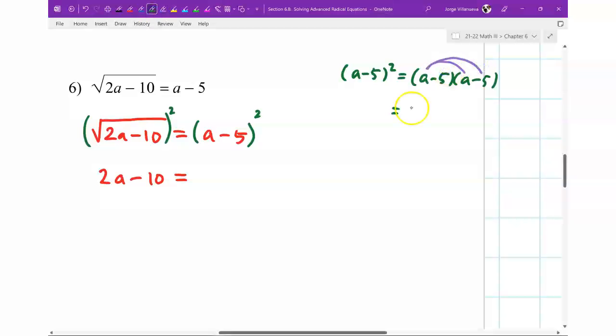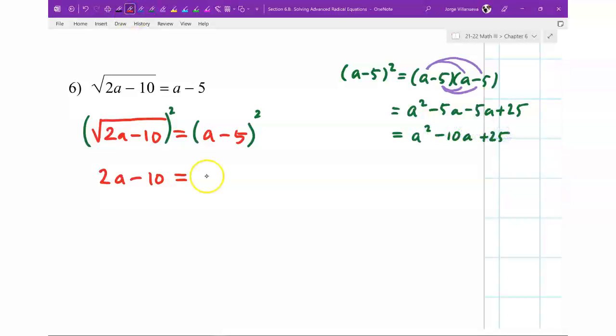That's going to give me a squared minus 5a. And then if I do negative 5 times a and negative 5 times negative 5, I get negative 5a plus 25. So that comes out to a squared minus 10a plus 25.